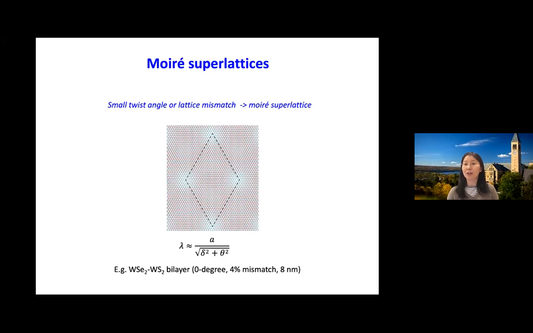You can think of them as artificial atoms. They can trap electrons and form a lattice. And this is an example of two transition metal dichalcogenide semiconductors, with slight lattice mismatch but 0 degree twist angle. And you get a period on the order of 8 nanometers.